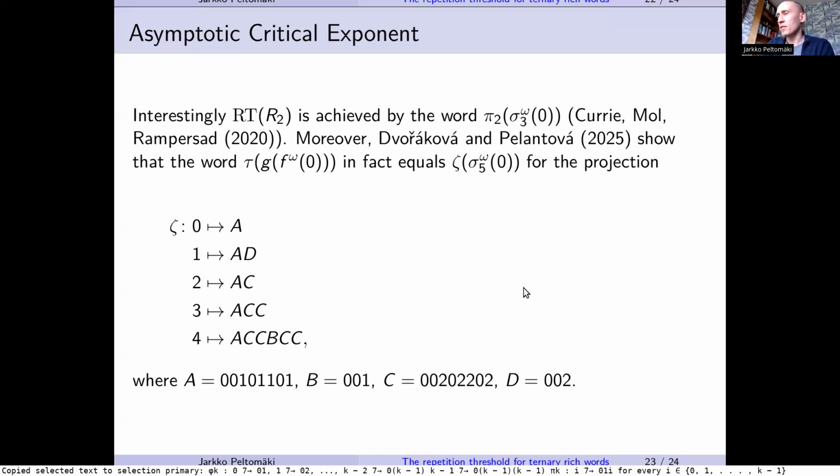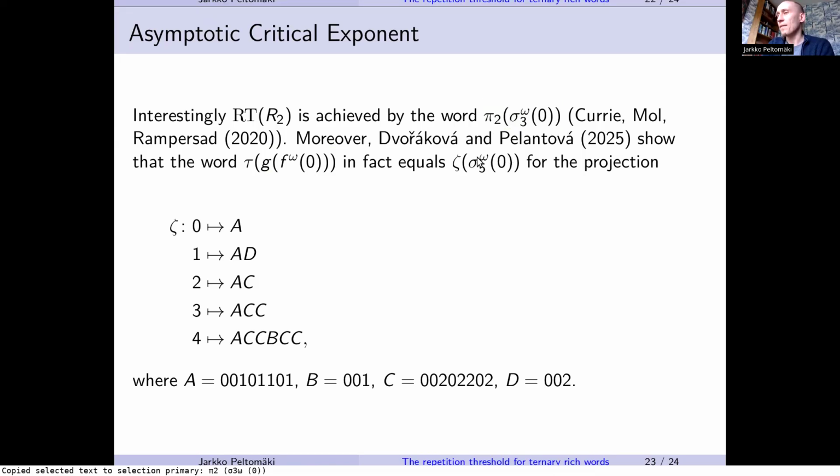Moreover, there is another recent preprint where Dvorakova and Pelantova show that our word, this word that achieves the repetition threshold in the ternary case, is actually of similar form to this word.